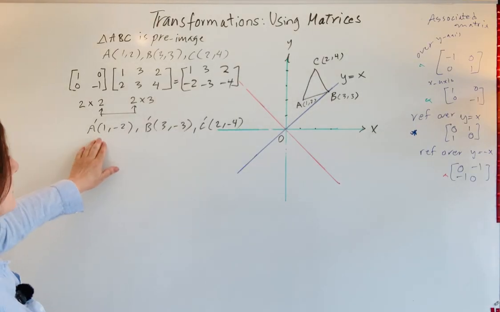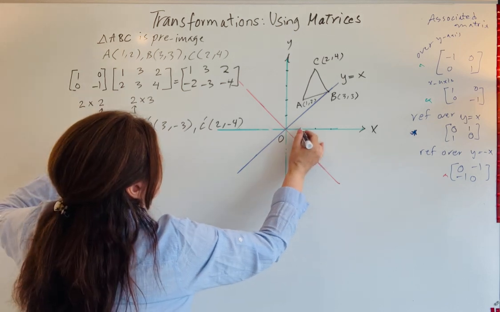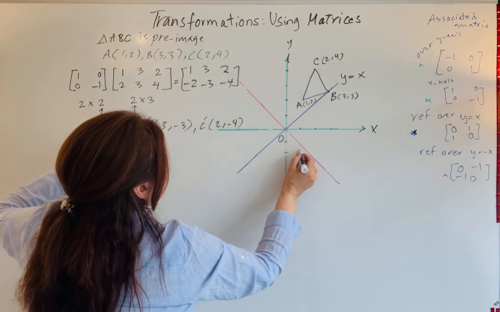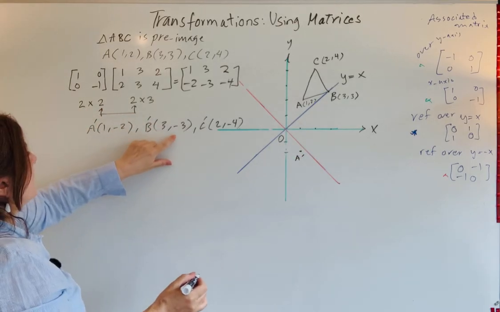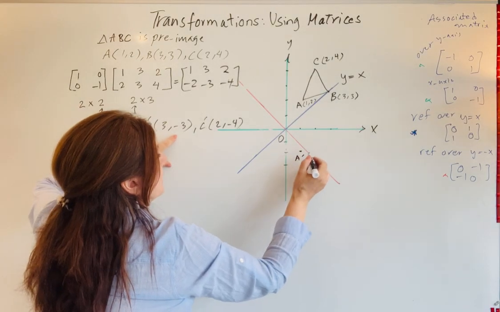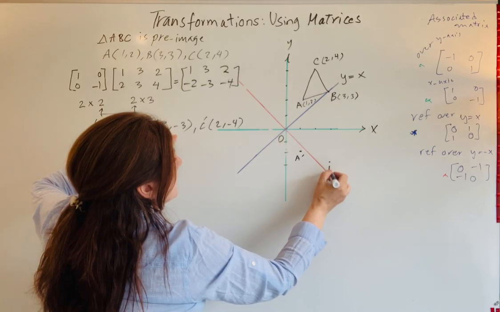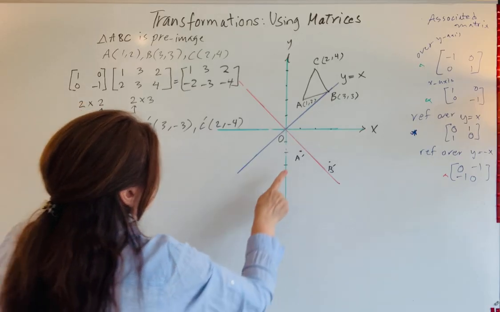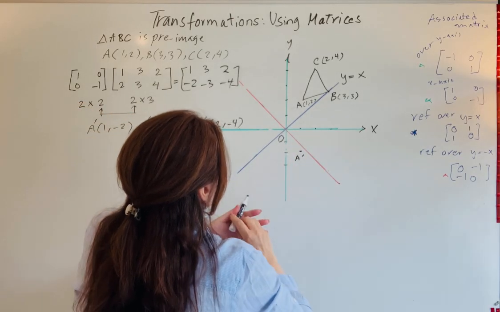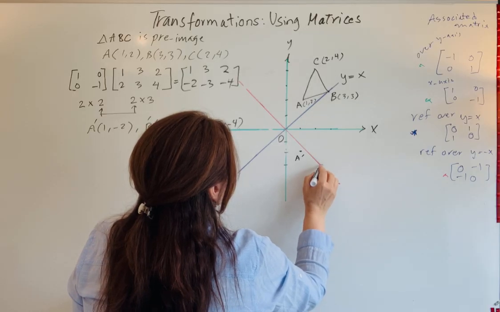We can find A prime at 1, negative 2 here. B prime at 3, negative 3 is here actually, somewhere here.